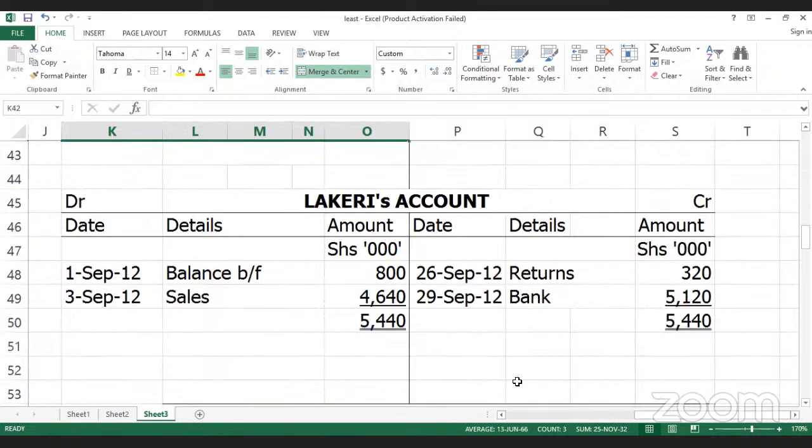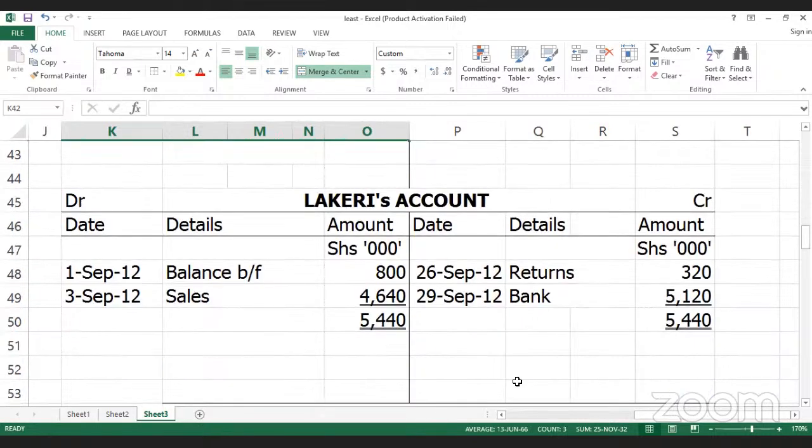What happened to Lucky's account? Members, it's a closed account, so it has no balance. The debit side is equal to the credit side.